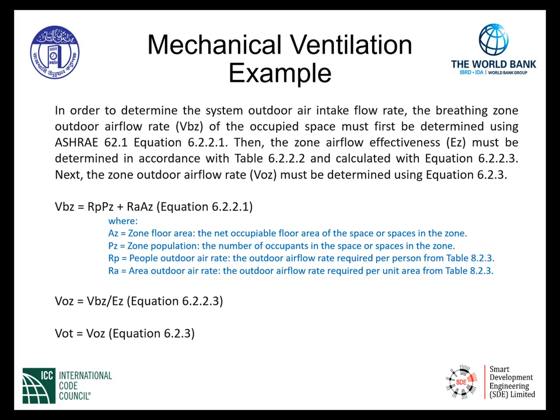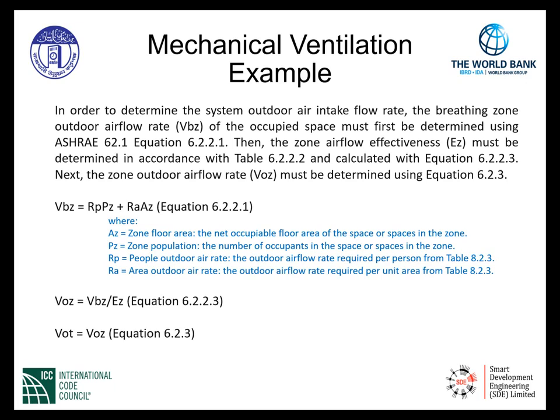We're going to take that quantity and add it to the quantity R sub A. This is the rate of outdoor airflow per area, per square meter, of our dining room. We will multiply that airflow rate times the total area of our dining room, indicated here as A sub Z. That is the area of the zone. As you can see, all the variables are defined accordingly.